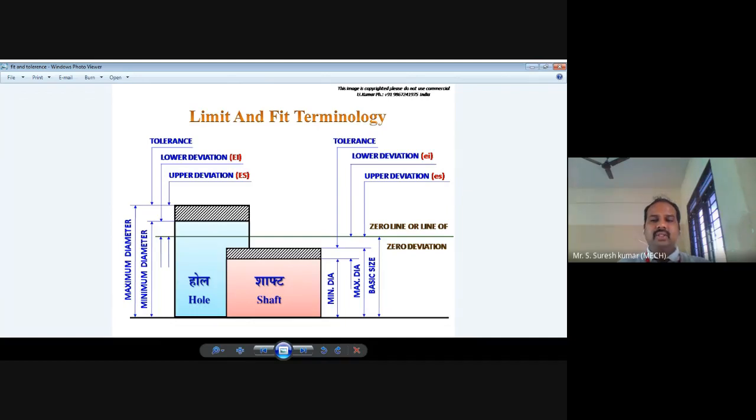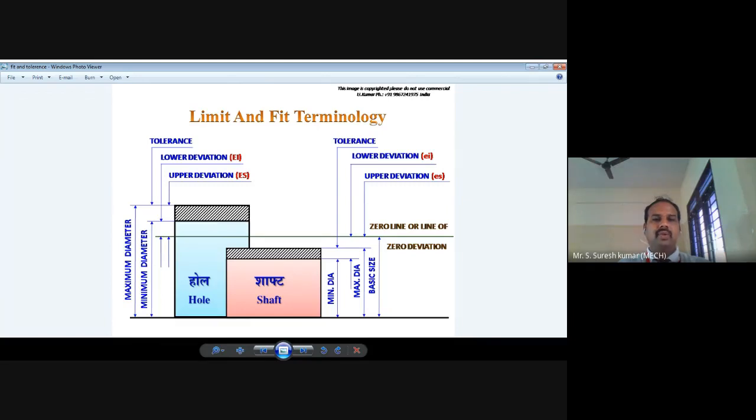So next terminology is maximum limit of size. What is meant by maximum limit of size? The greater of the two limits of size is called the maximum limit of size. On the other hand, minimum limit of size.